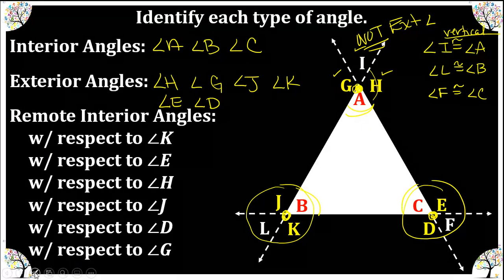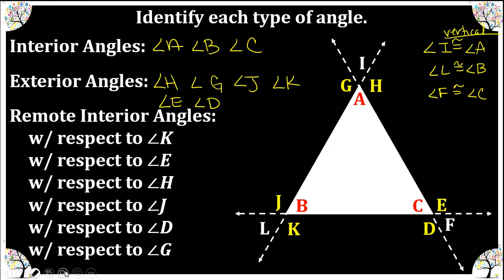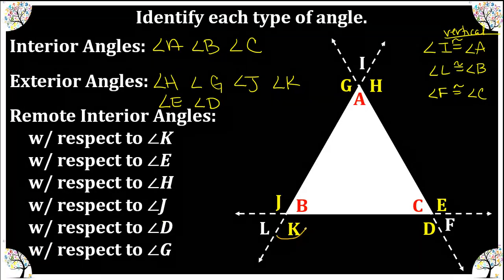Now let's talk about remote interior angles. I'm going to erase some of this. So let's consider first angle K, the outside angle. So we're looking right here.